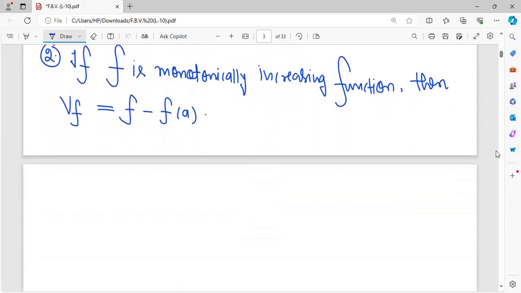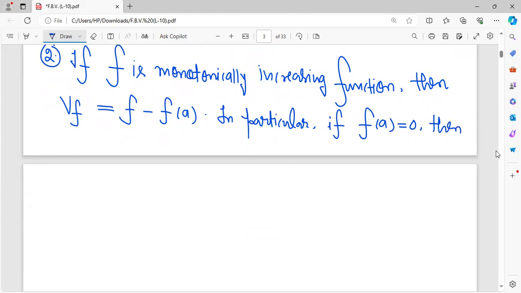In particular, if f(a) is equal to 0, then V_f is equal to nothing but f. So let's see its proof.